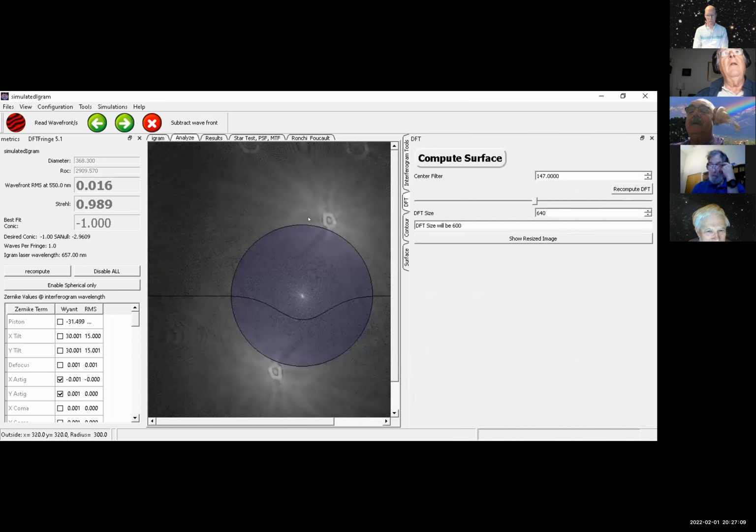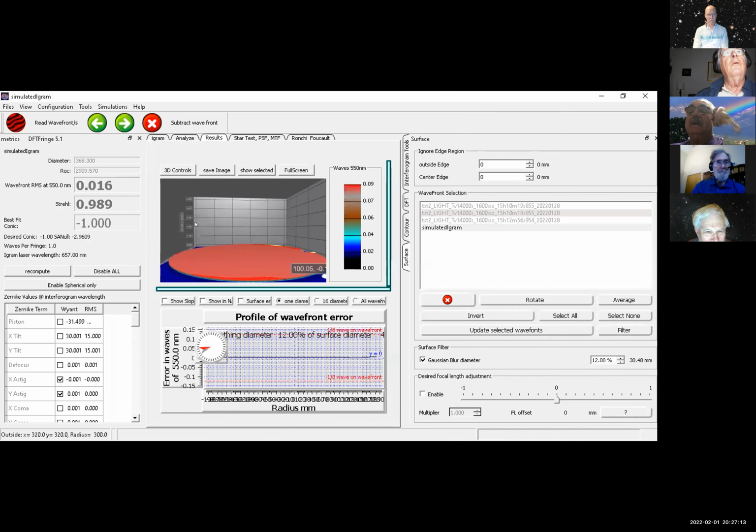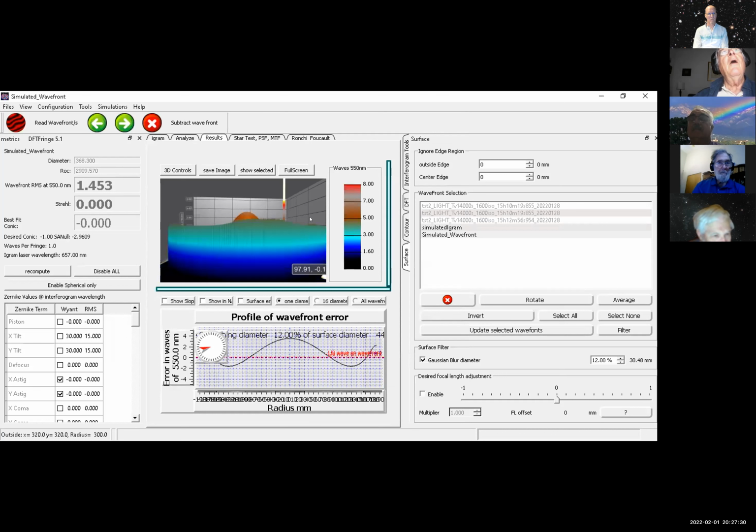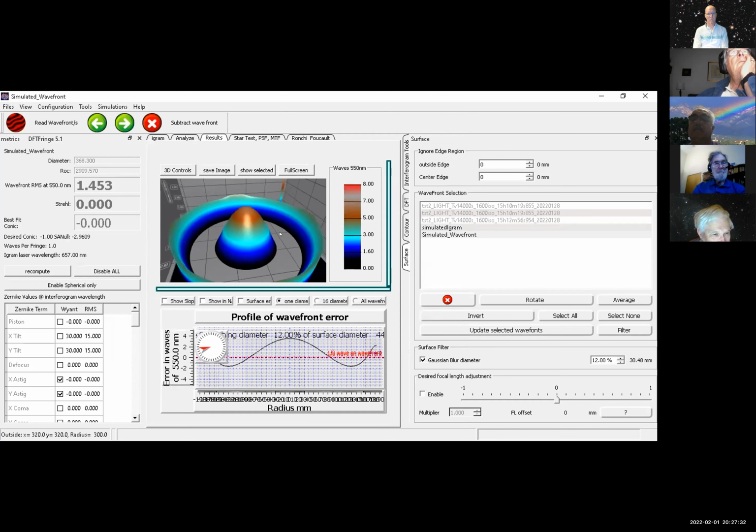So we'll do an analyze and we'll do the results. Okay, something happened here. Okay, let's do a wavefront. Okay, spherical 0. So this is what.